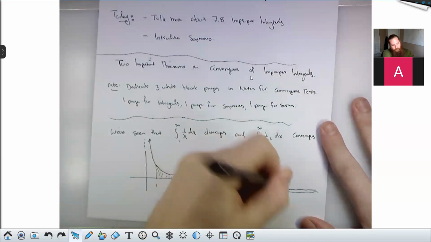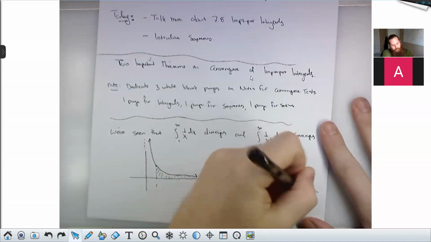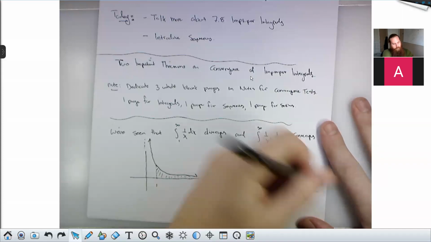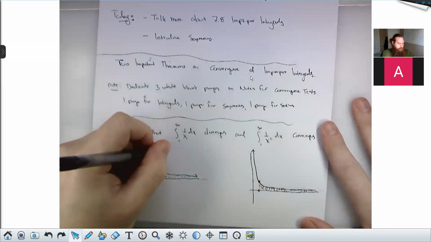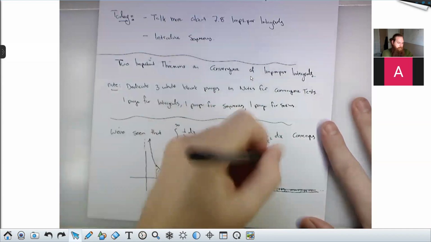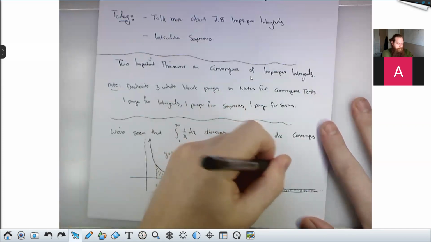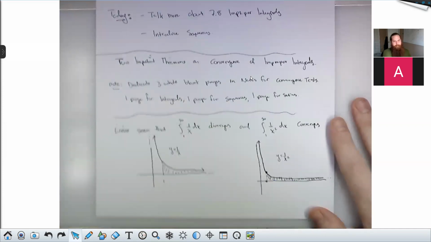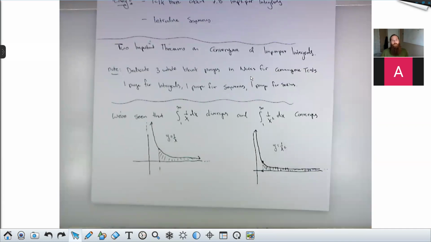So the area on the left over there is infinite, and the area that I just drew here is finite. And the question is why?